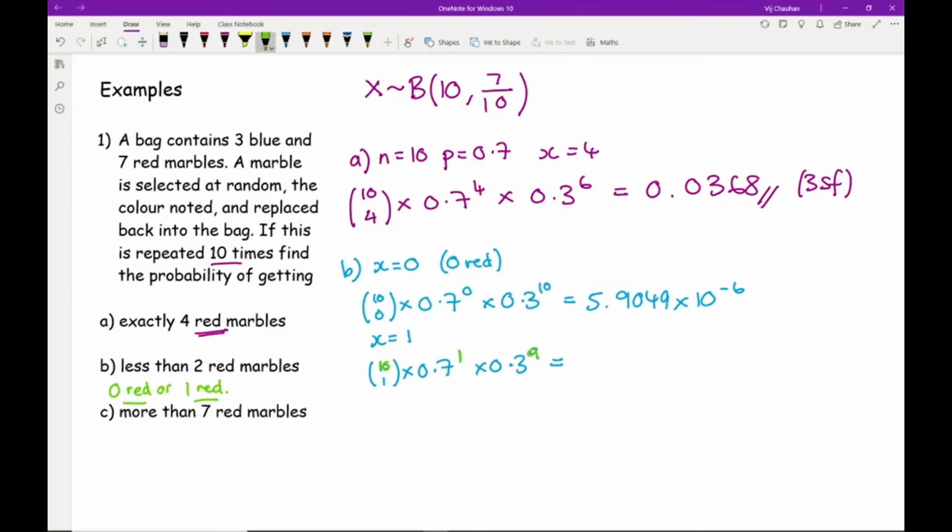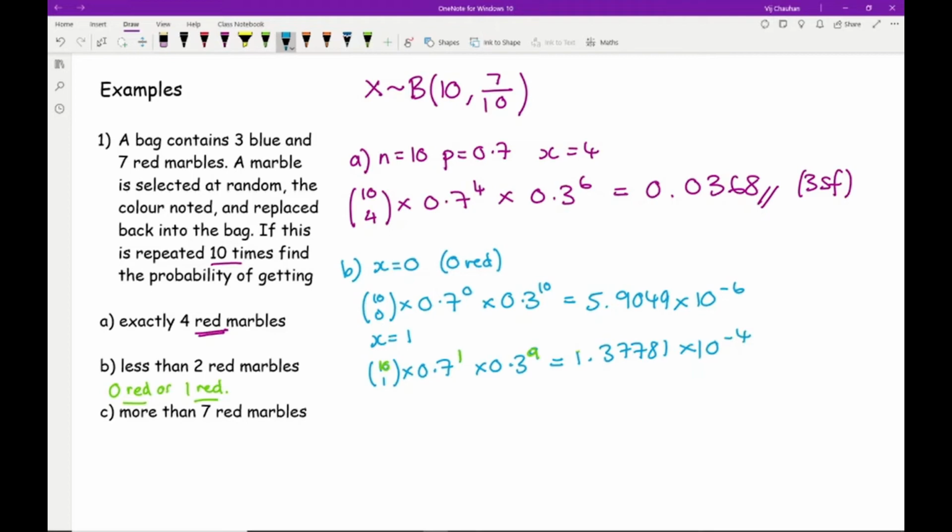For this I'm just going to use my handheld calculator to make it a little bit quicker, and I get 1.37781 times 10 to the power of -4.